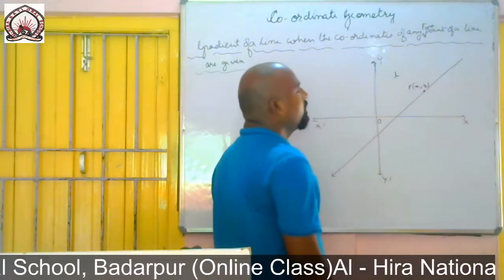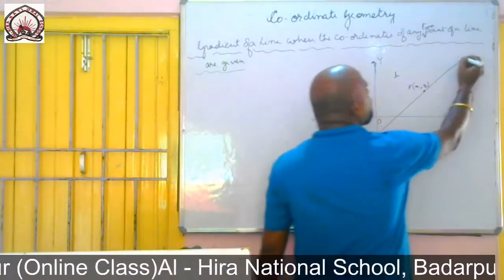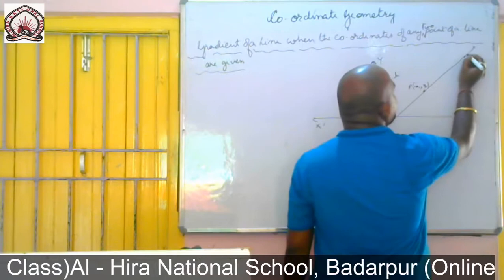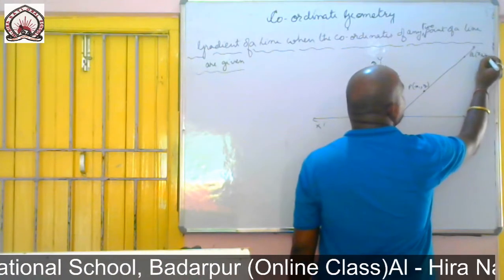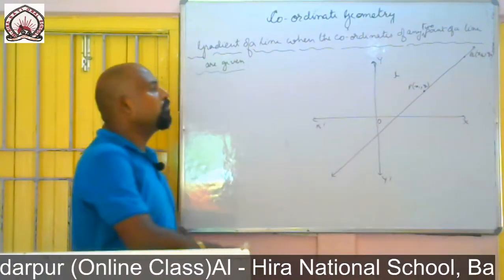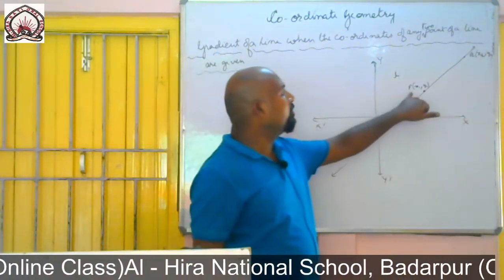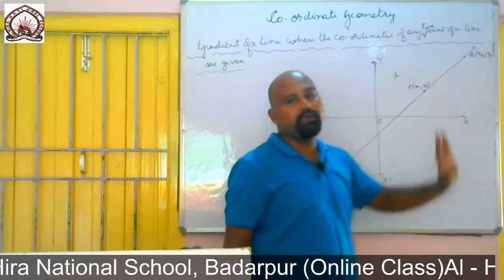They have given you the coordinates of the points. This is another point, that is Q, whose coordinate is x2 comma y2. Okay. These two coordinates, P equal to x1 y1 and Q equal to x2 y2, are given to us.